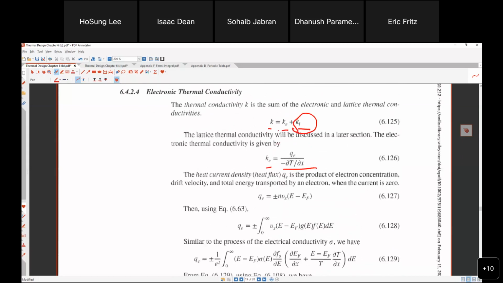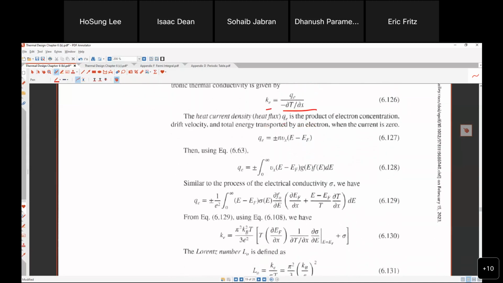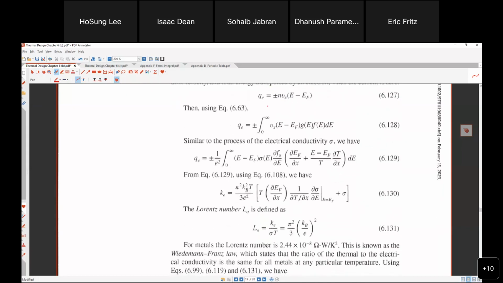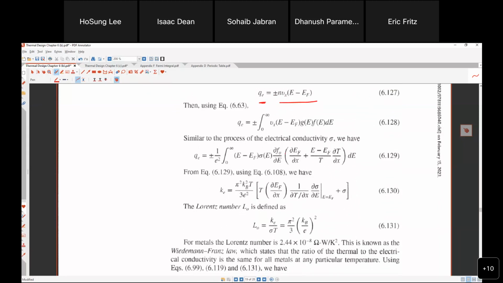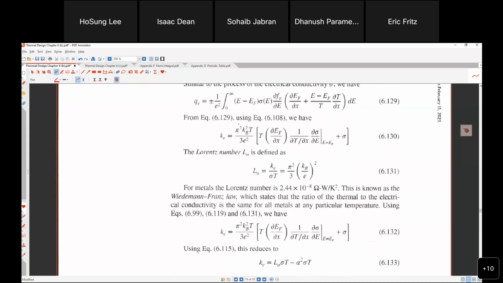Okay, but still, electronic is just a typical thermal conductivity, with the temperature and heat flow; the electron is moving, that's the heat flow, using the Fermi Dirac distribution.